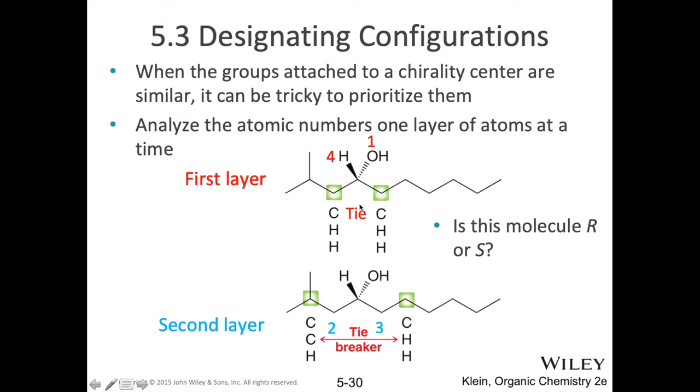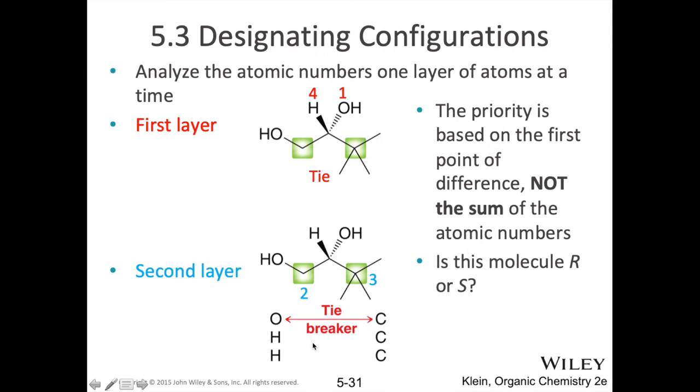Okay, so for example, now here these two carbons are tied with having a carbon and two hydrogens attached to them, so we move one carbon away. This carbon has two carbons attached to it and a hydrogen, whereas this carbon has only one carbon and two hydrogens attached to it. So that's why the one with two carbons attached to it wins. Now, please note again, this is not the sum of the atomic numbers, right?